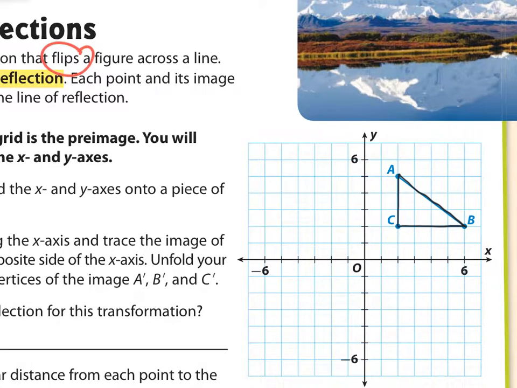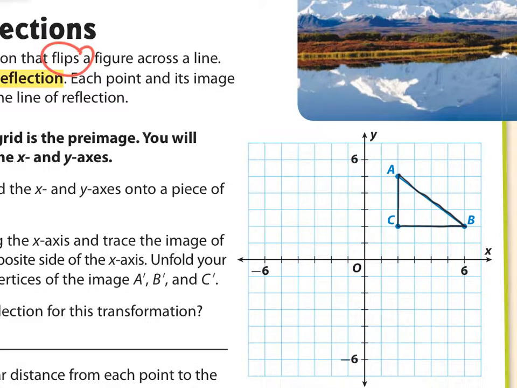So let's flip. I go left to right, and it goes to the other side over here, and I get this shape. So this becomes triangle A prime. B prime is way over here, and C prime.